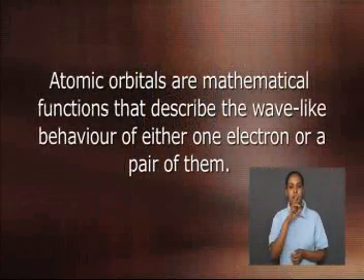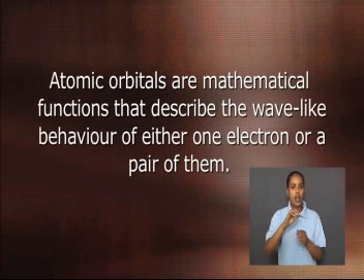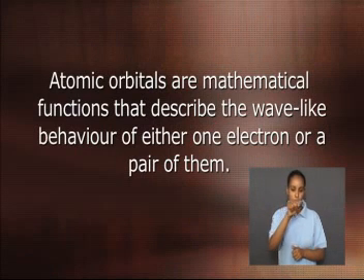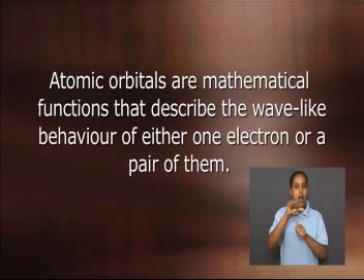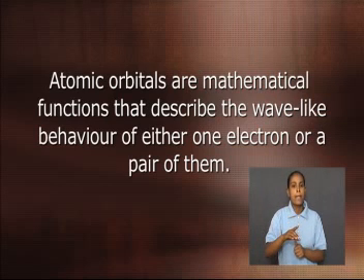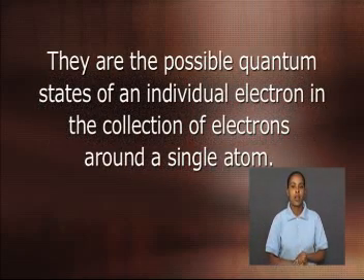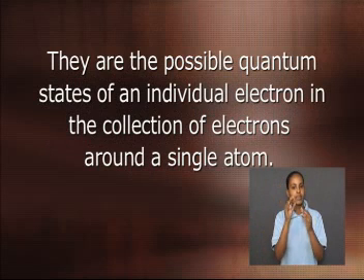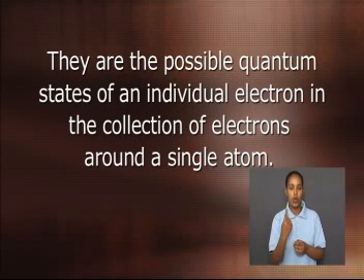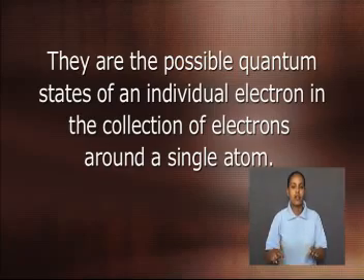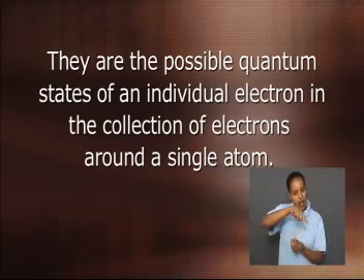There are never more than 2 electrons in an atomic orbital because an atomic orbital is a mathematical function that describes the wave-like behavior of either one or a pair of electrons. Atomic orbitals are the possible quantum states of an individual electron in the collection of electrons around a single atom.